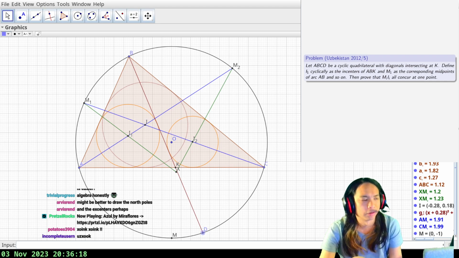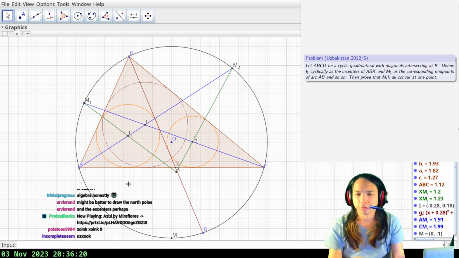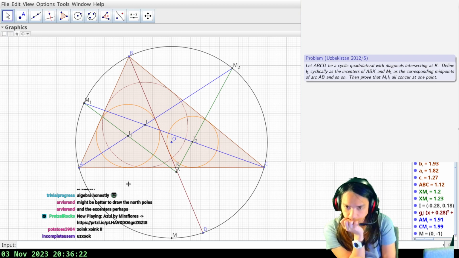No, wait, curvilinear is the wrong one. These are just normal incircles.